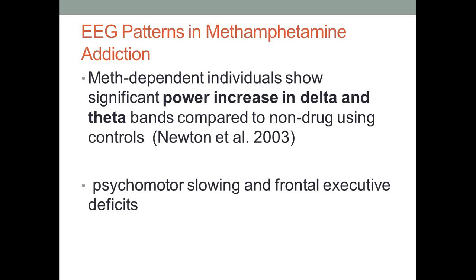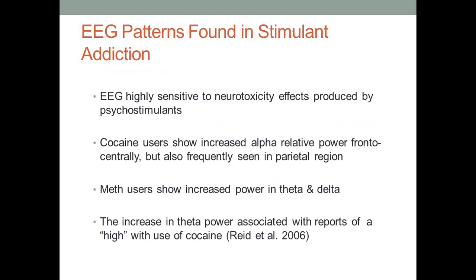So they had me do a quantitative EEG on her, and what we were seeing was pretty much global 6 to 7 hertz activity, which would account for the deficits they were seeing. You'll also see psychomotor slowing and frontal executive deficits, which is what they were seeing in the lady I was talking about.